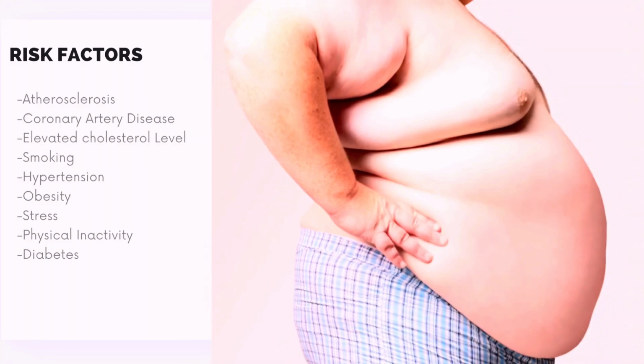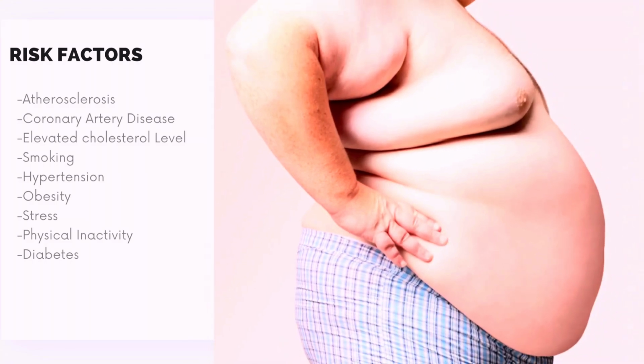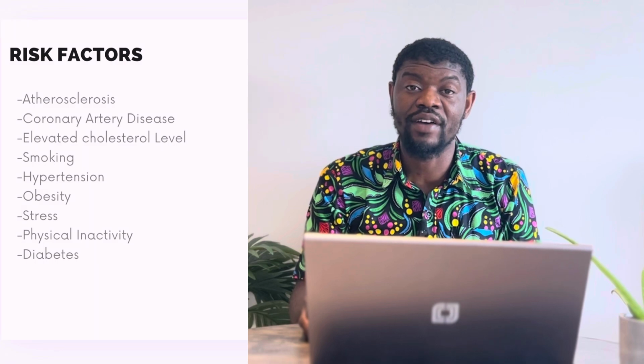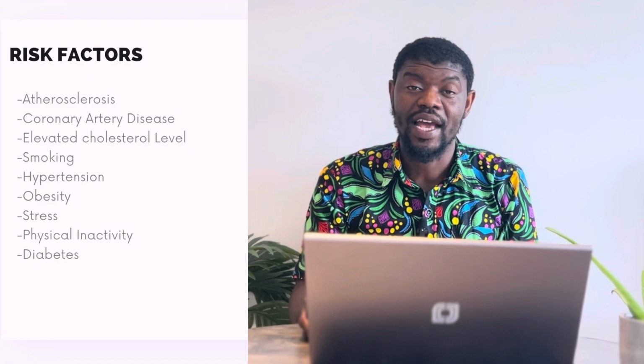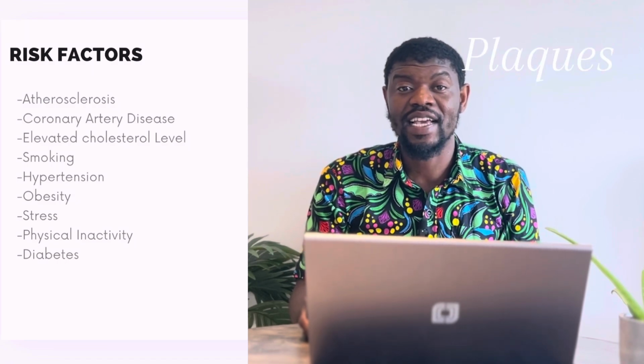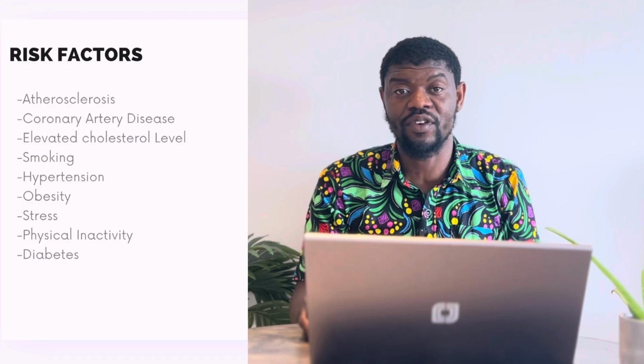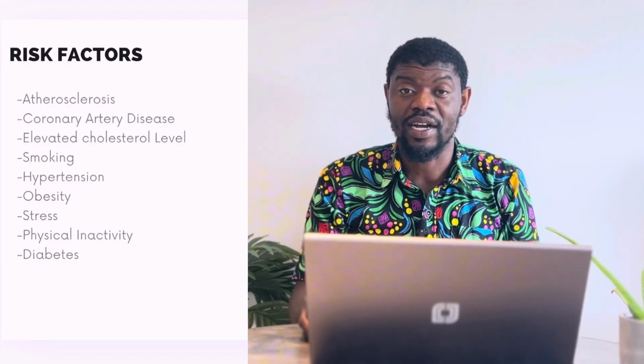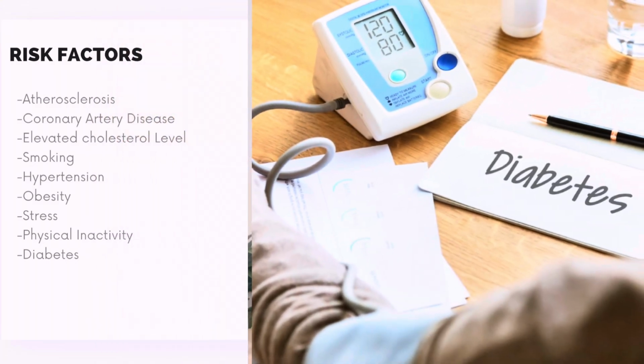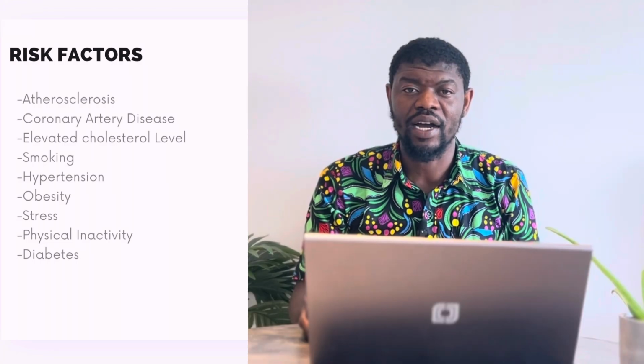I want to also look at obesity and physical inactivity. Once you do not exercise or once you are obese, your vascular walls become very weakened, and when it bursts or when you get a rupture and there's a clot formation, then fatty acids build up on this clot formation and can lead to myocardial infarction. The last two we'll talk about will be diabetes and hypertension. These two disease conditions increase your risk of developing myocardial infarction.